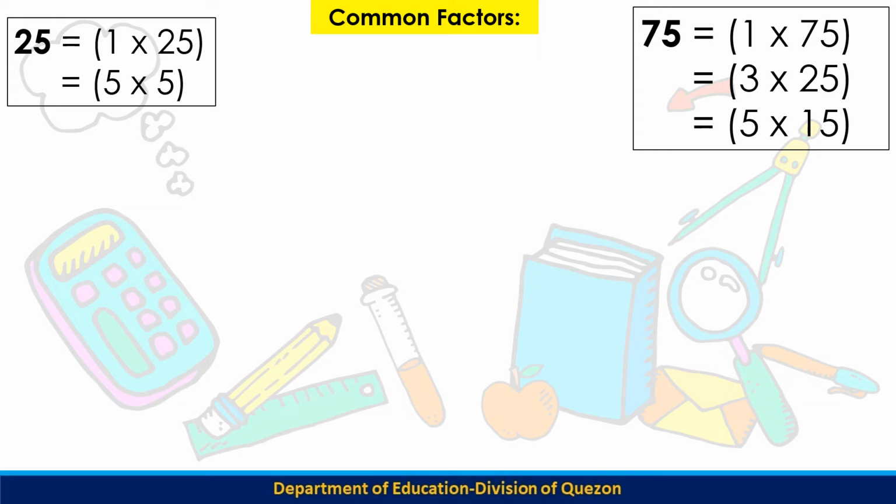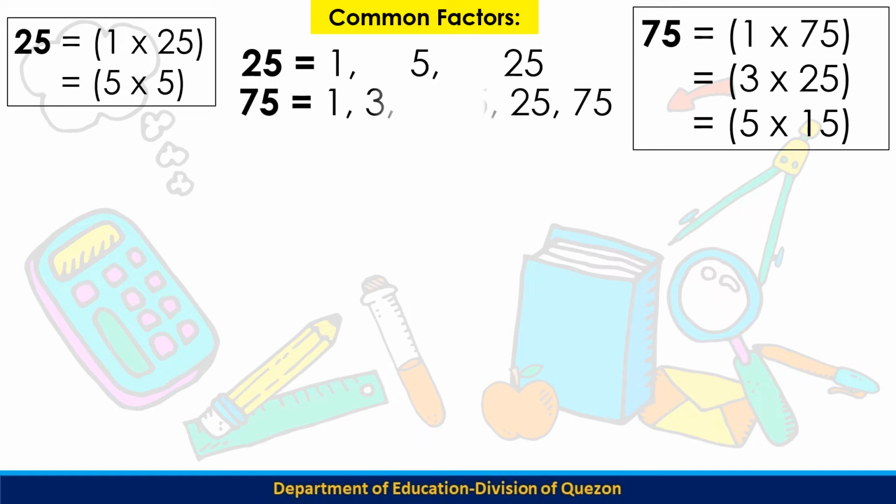Then 75 naman is 1 times 75, 3 times 25, 5 times 15, na kapag sinunod-sunod natin ay ito na po, 1, 5, 25. Yung number na nauulit dito, hindi na po natin uulitin dito sa pag-arrange natin.